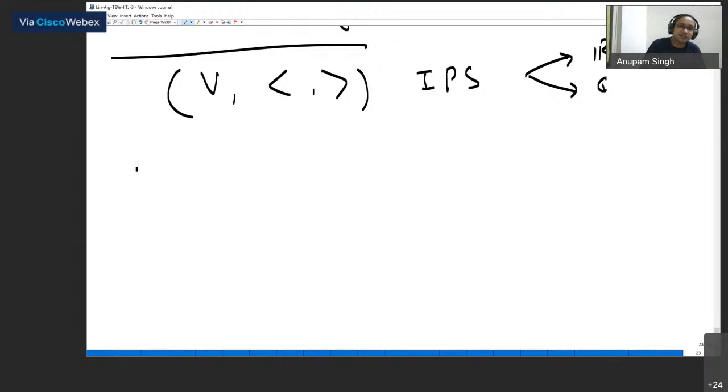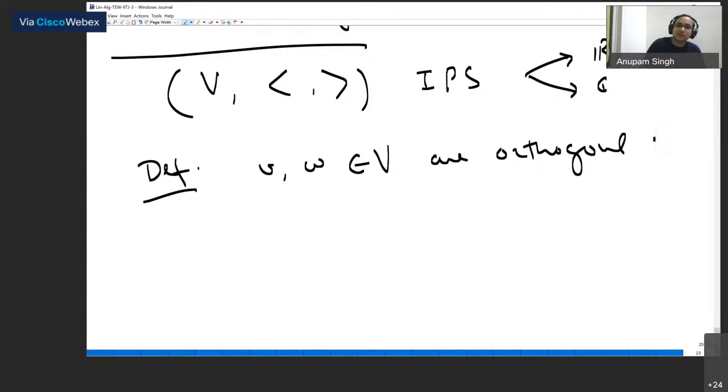So the first thing we can define here: we say that two vectors V comma W are orthogonal if V comma W is 0, right?